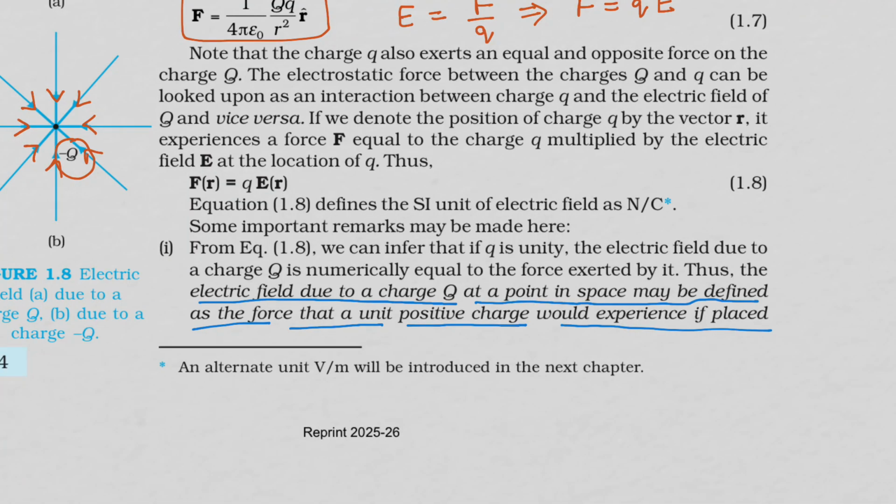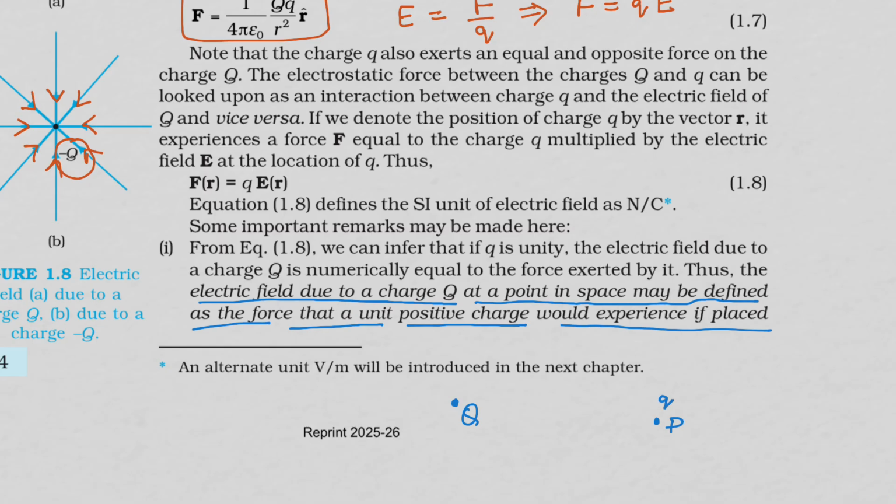In the definition, there is a charge capital Q which is somewhere, and electric field at any other point, let's say this point is P, and at this point P the electric field is actually the force experienced by a unit positive charge.